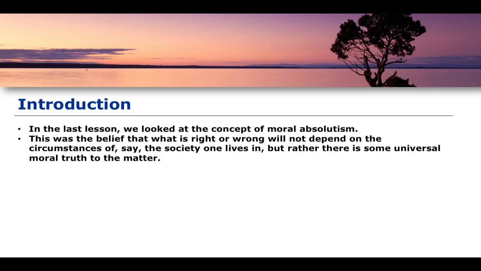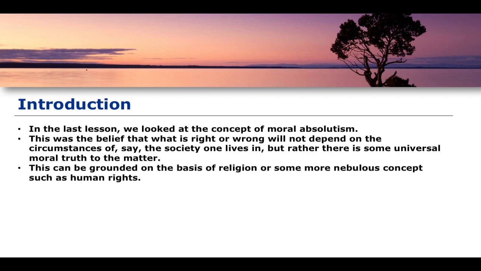The clear distinction between right and wrong, or good and bad, according to a moral absolutist, is based on some universal moral truth relating to that particular topic. So murder is wrong, for example, not because a society we live in has agreed socially that murder is wrong, but rather because there is a moral absolute truth, a universal principle that murder is wrong. That is the principle that we are establishing here.